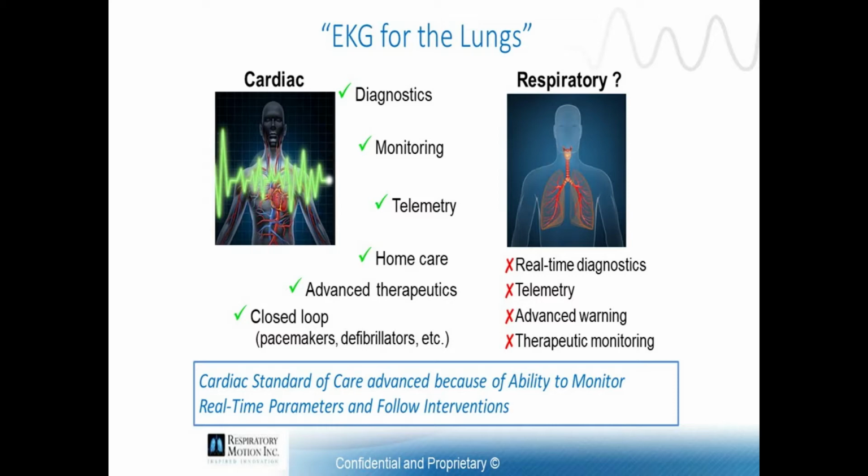Or in a different example, an EKG can demonstrate specific arrhythmias, and the effects of antiarrhythmic medications or cardioversions can be followed. The ExSpiron is like an EKG for respiration, providing continuous real-time information. And most importantly, it provides an advanced warning with few false alarms.